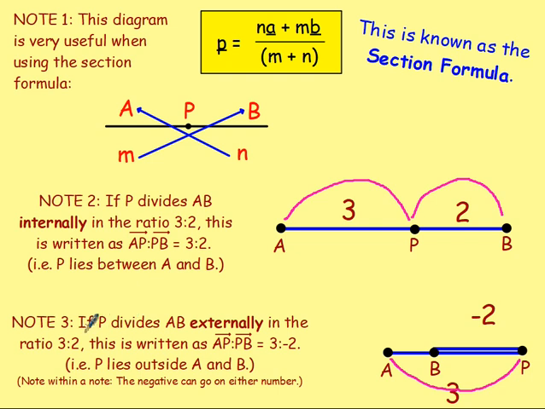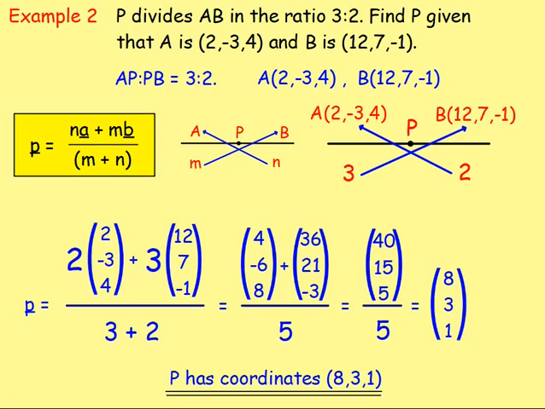So if it divides externally in the ratio 3 to 2, then to lie outside, you have to come back the way 2 units. So you would write that as 3 to -2, or -3 to +2. The negative can go with either number. Again, it's part of the trickier questions.